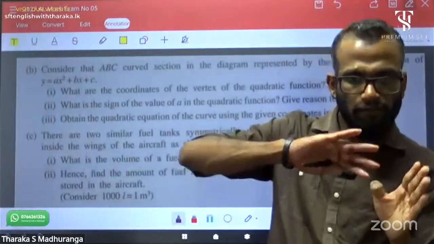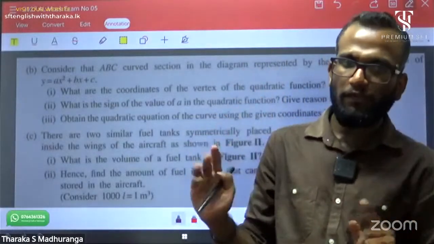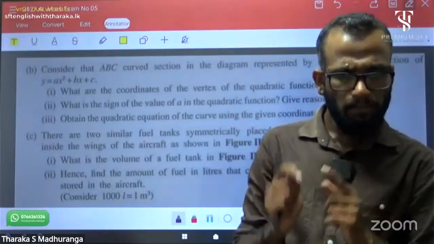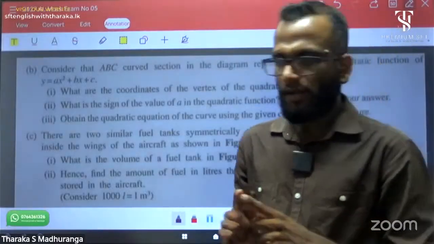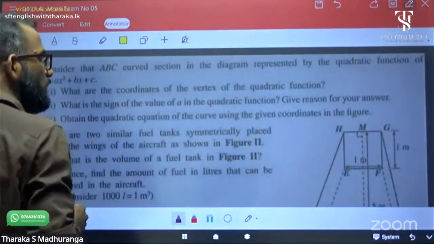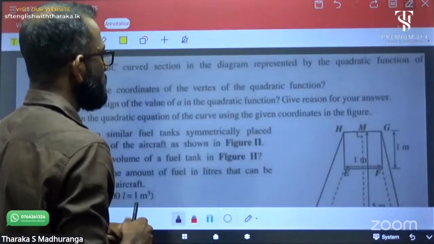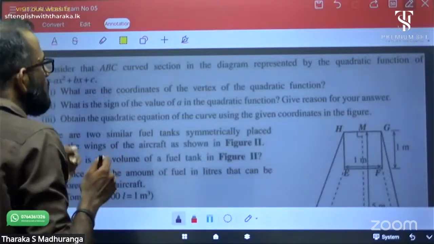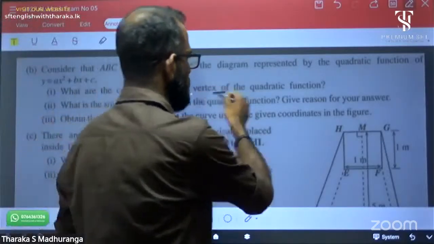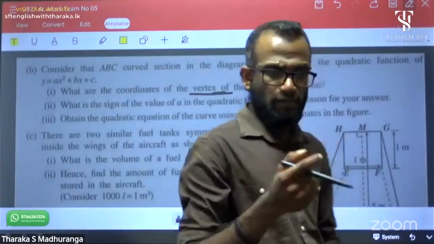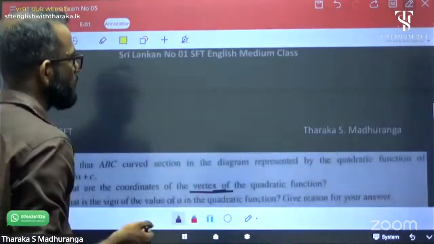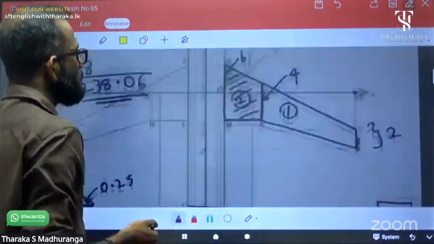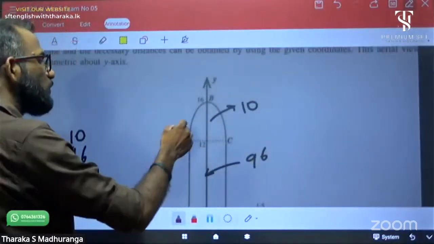Yes, that's correct. It's the common equation y equals ax squared plus bx plus c. Now, what are the coordinates of the vertex? Vertex means the turning point, which we already discussed in the lesson.